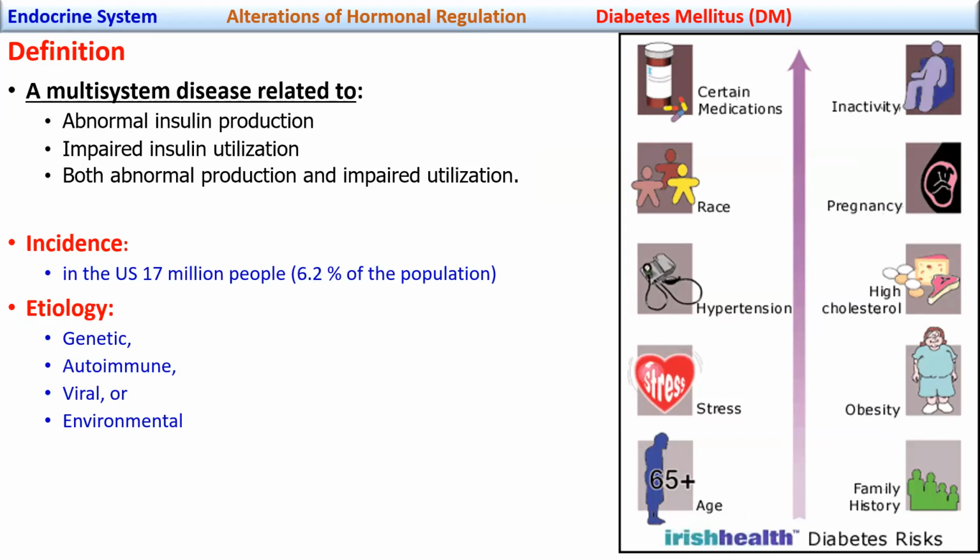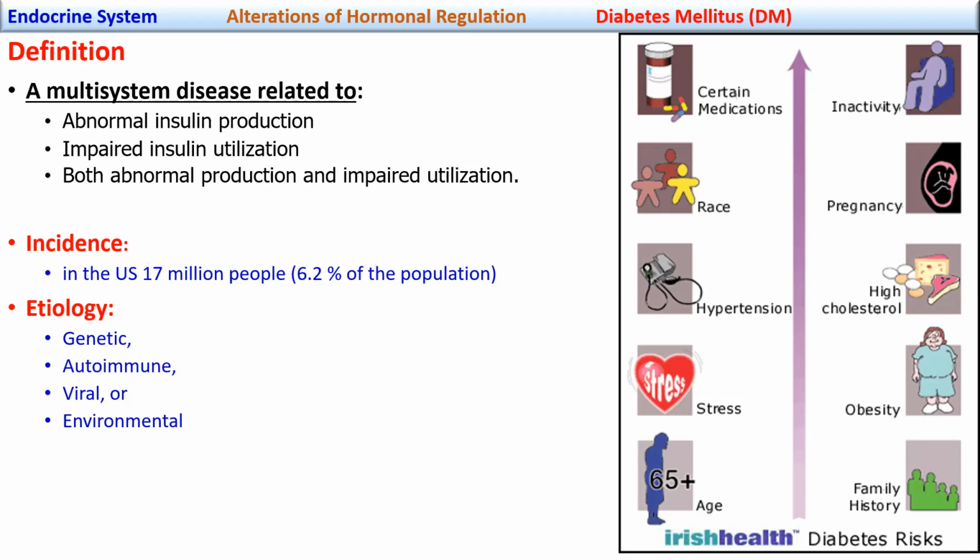The pancreas is affected by the inability to produce a sufficient amount of insulin, or sometimes there is an inability of the tissues and cells to utilize insulin, which is called impaired insulin utilization.